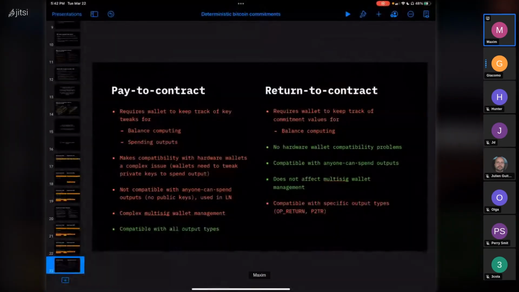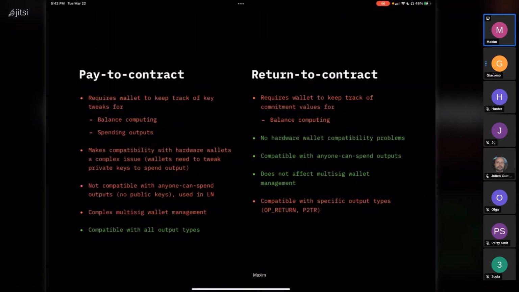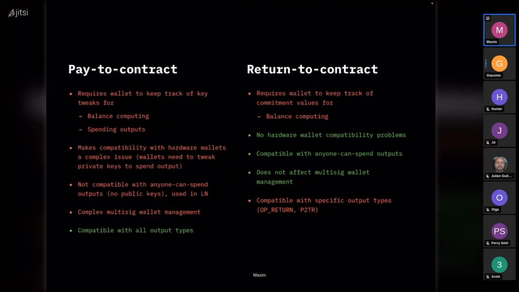So we are basically delegating the tweaking complexity that would be facing other wallets to the Taproot itself. But in a way, if you spend a Taproot output, with or without OP_RETURN inside the tapscript, the hardware wallet basically already has to tweak the key for Taproot itself. Yes, they have to tweak the key for Taproot, but the tweak is produced inside the hardware wallet from the data which are available to this wallet.